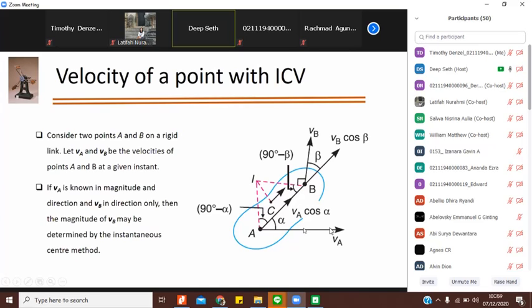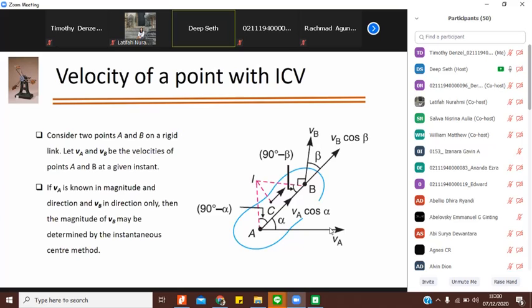If VA is known in magnitude and direction, and for VB you only know the direction, then the magnitude of VB may be determined by the instantaneous center method also.